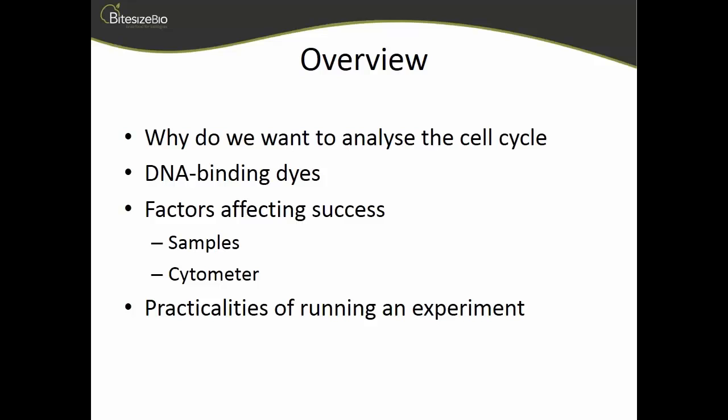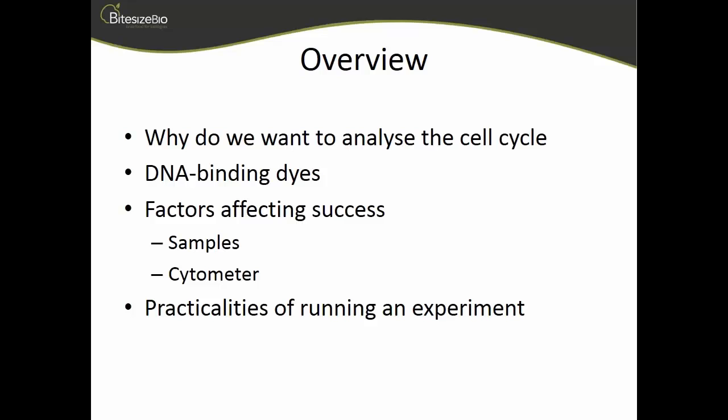But rather than it being a very didactic presentation about how a flow cytometer works and the science behind it, I thought I'd concentrate on some of the missing factors that don't always come across in online or written protocols. Those are the factors that are going to affect the success or failure of your cell cycle analysis on your flow cytometer.